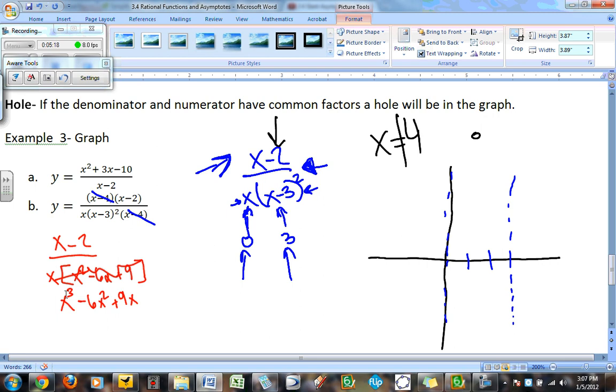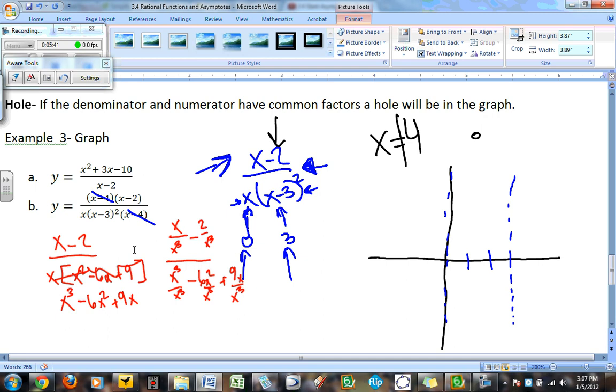And we're going to divide every single thing by the highest power of x. So when I divide every single thing by x cubed, I'm going to have x over x cubed minus 2 over x cubed, all divided by x cubed over x cubed minus 6x squared over x cubed plus 9x over x cubed.